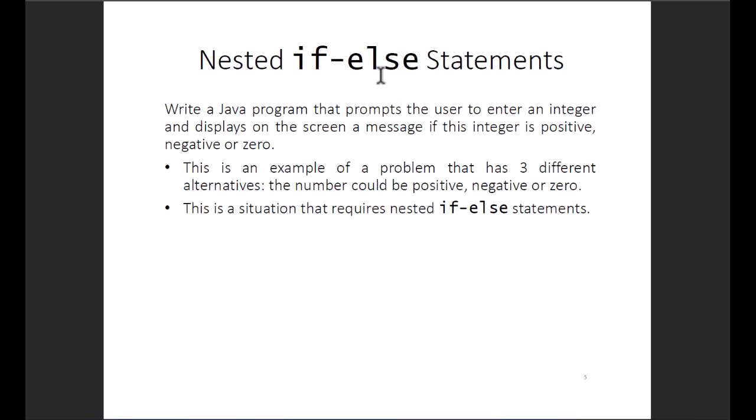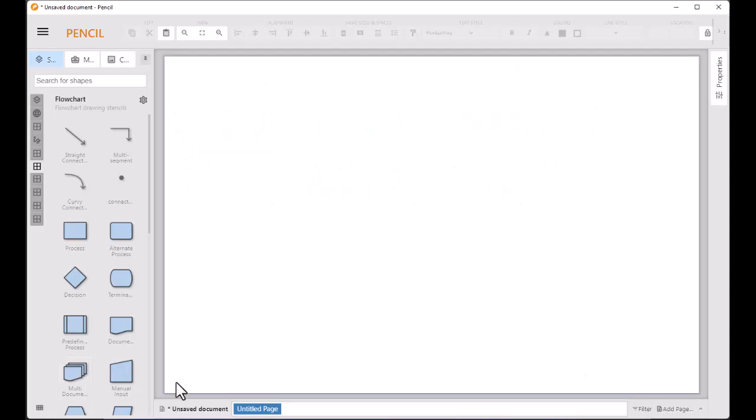We saw if-else statements. But what is nesting of if-else? Let me go to my pencil software and let me try to show you with a flowchart. I will do a flowchart very similar to what I did in a previous video.